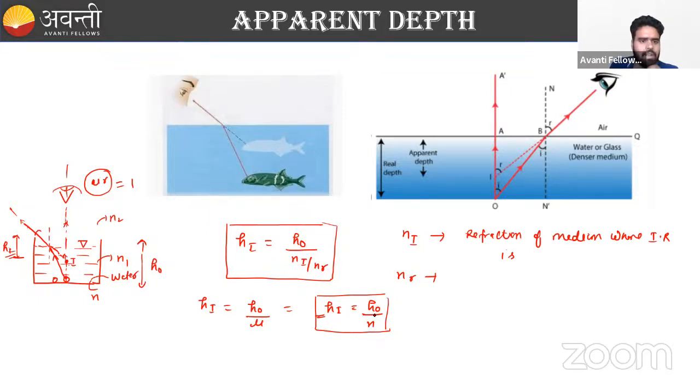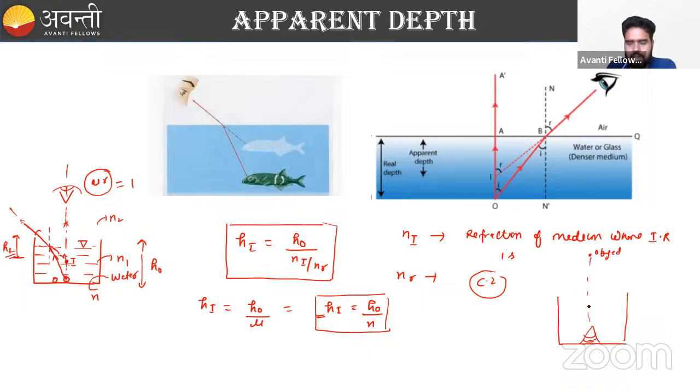In the second case, the observer is present inside some denser medium and the object is placed, suppose, in air or some rarer medium. So what is happening in the second case? Suppose our observer is present in this medium and the object is placed in a denser medium.